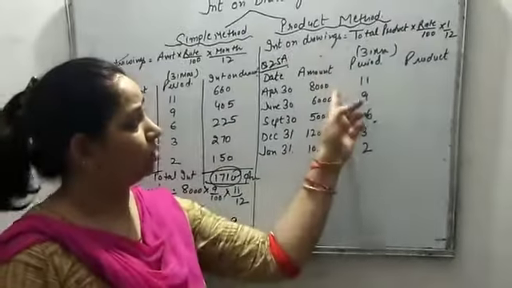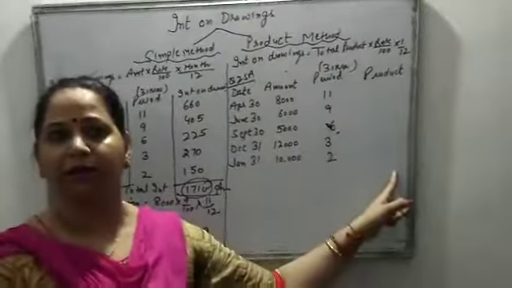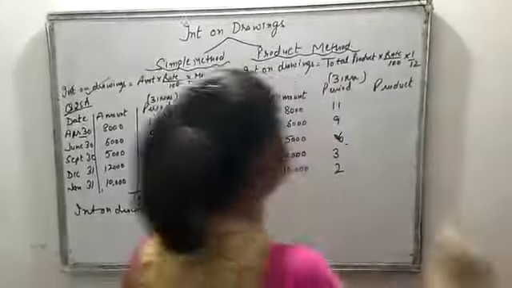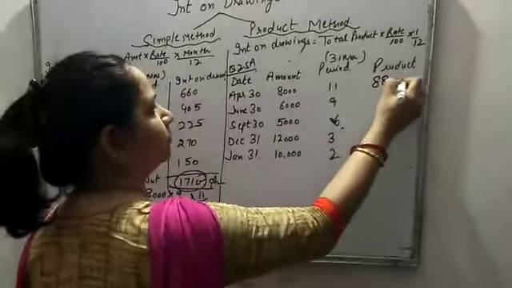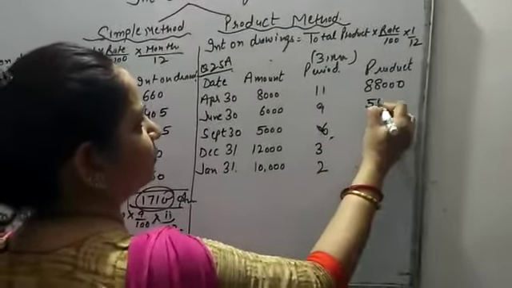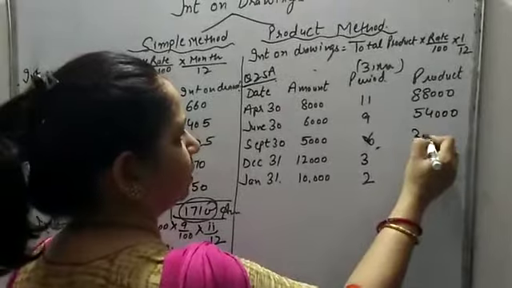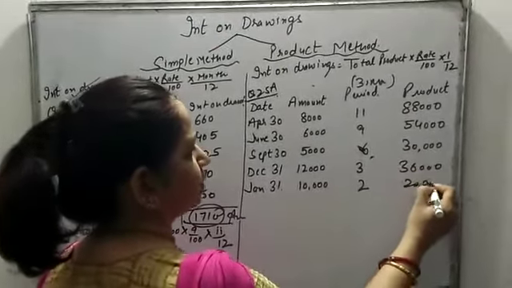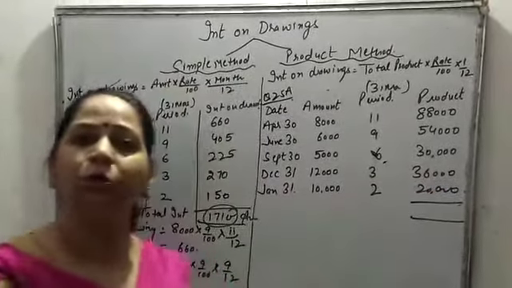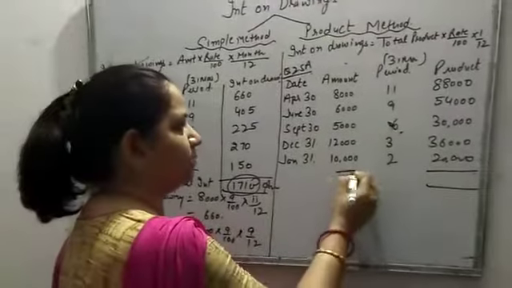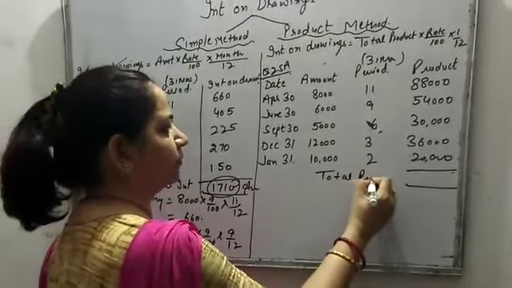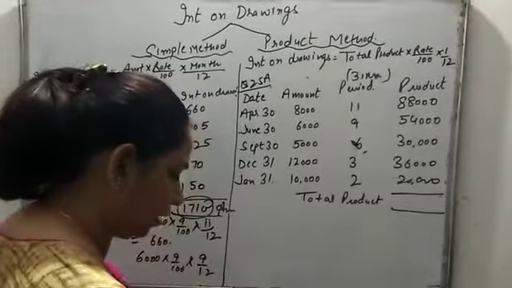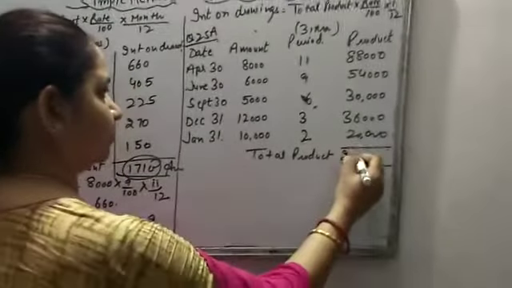In product we multiply these two. 11 multiplied by 8,000 comes to 88,000, then 54,000, 30,000, 36,000, 20,000. Then we total all the products, which comes to 2,28,000.